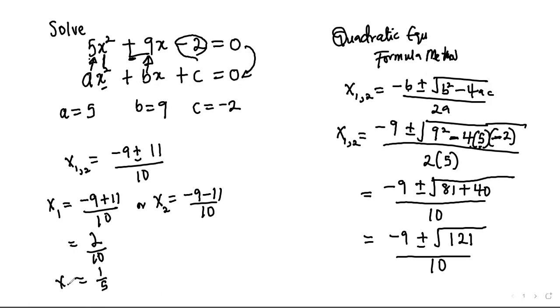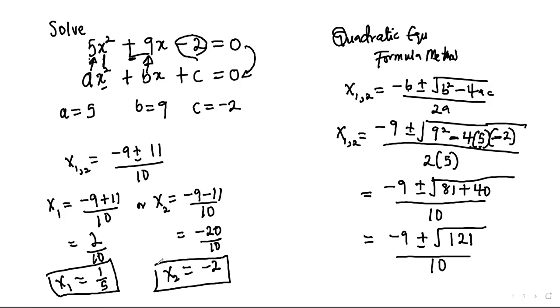So x1 is equal to 1 over 5. Then x2 will become minus 9 minus 11, which is just minus 20 over 10, and finally that will give us minus 2. So x2 is equal to minus 2 and x1 is equal to 1 over 5.